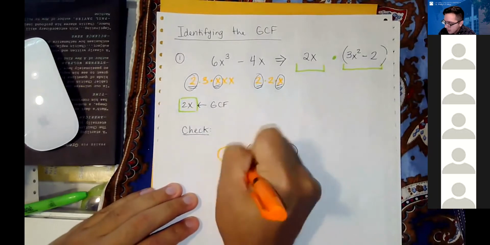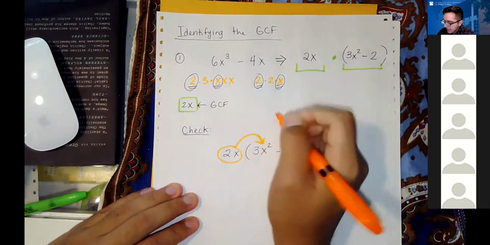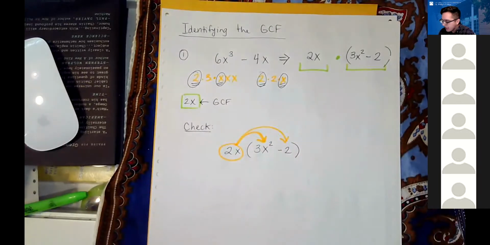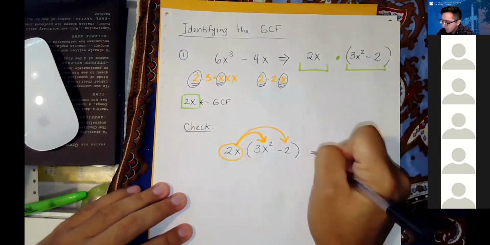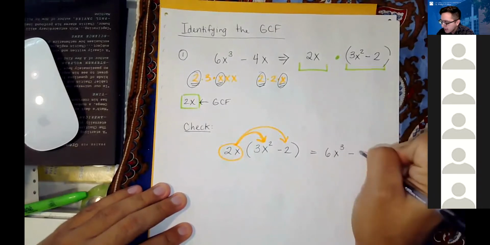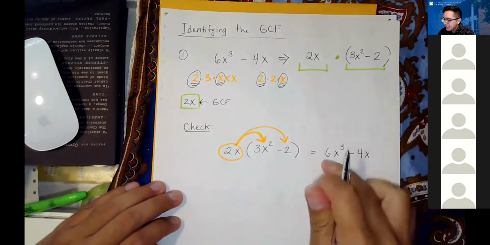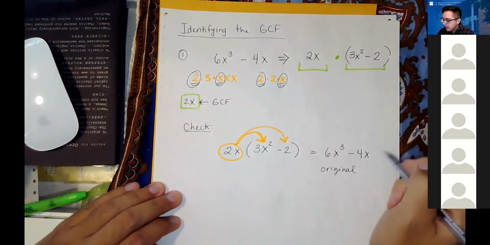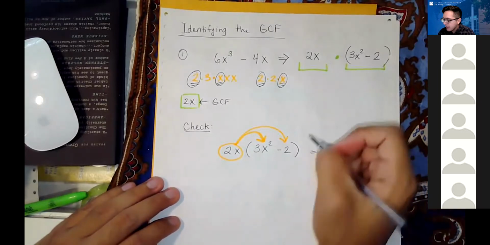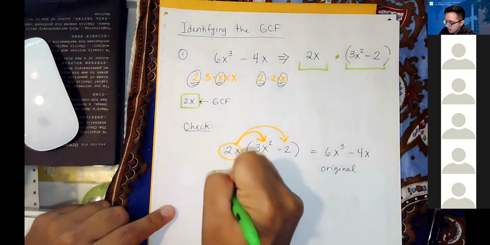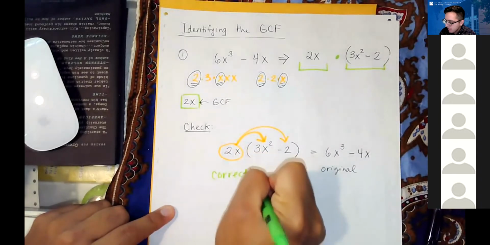Well, if I take this term here and multiply it back in to these two terms, I should be getting 6x to the third minus 4x. And since that's the same as the original problem, that means that I have factored correctly. These are the correct factors.